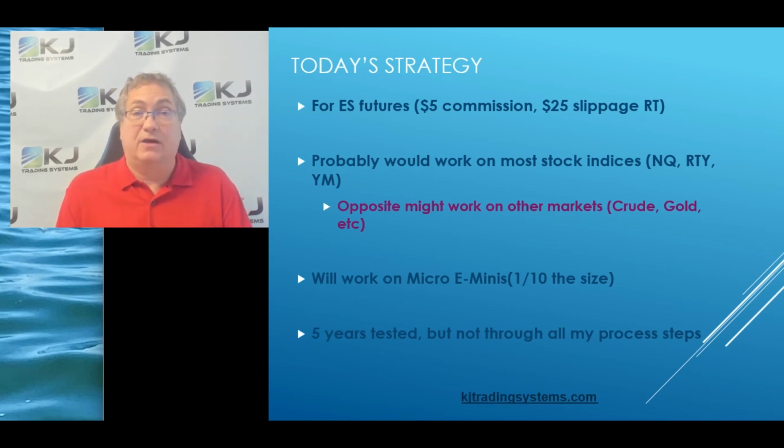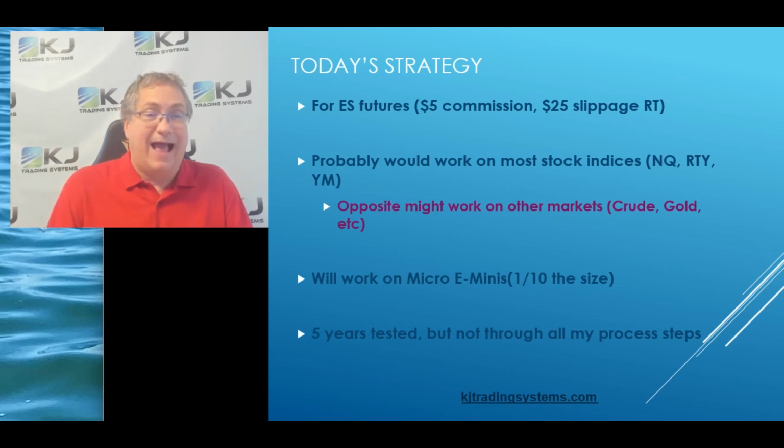You got to try it. You can also try it with the E-mini micros. That's a great way to get into algo trading without risking a ton of money because the contract size is 1/10. Yeah, you'll pay a little bit more in slippage and commissions on those smaller ones relative to the big ones, but it's a nice way just to get in there.